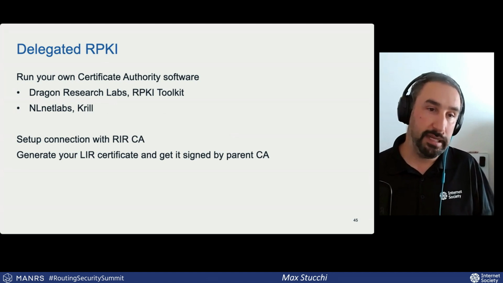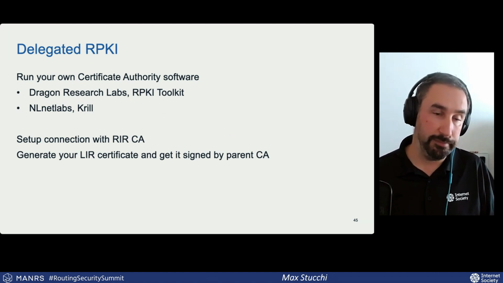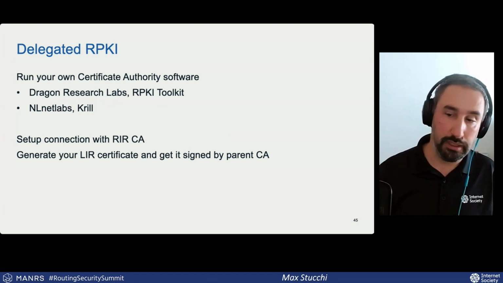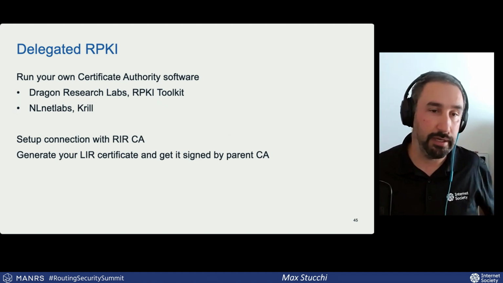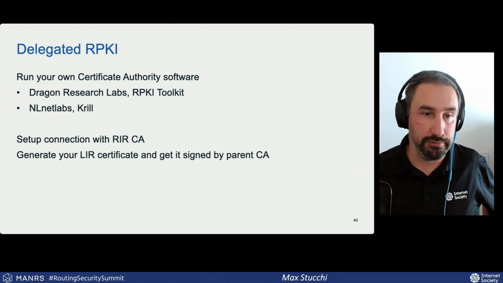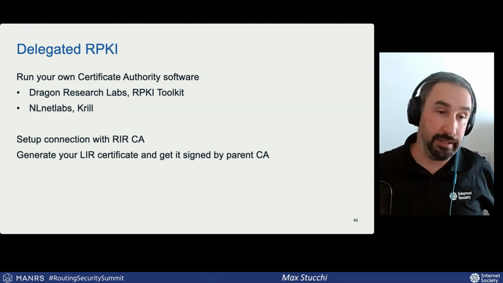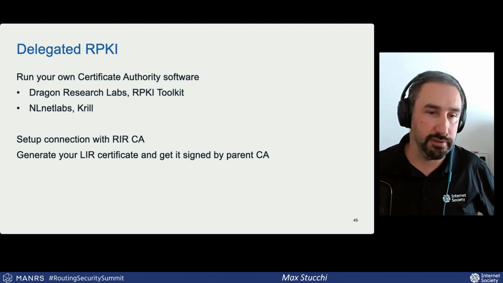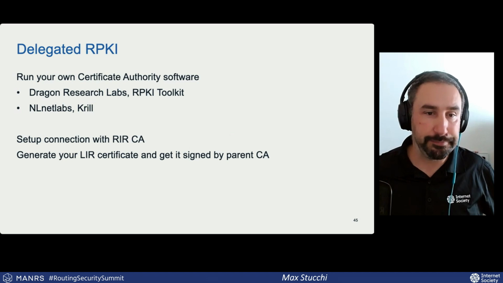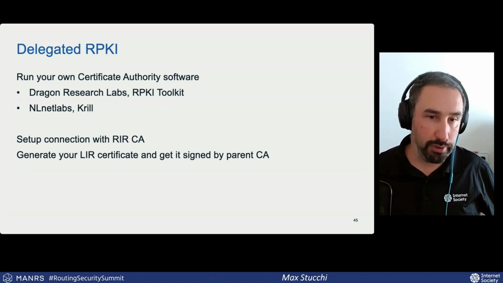Or you can do delegated RPKI, where you run your own certificate authority software. There are two so far, one from Dragon Research Labs, which is pretty old, still based on Python 2, and the new version called Krill from NLnet Labs, which is a work in progress as well.